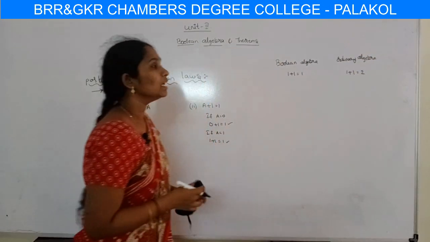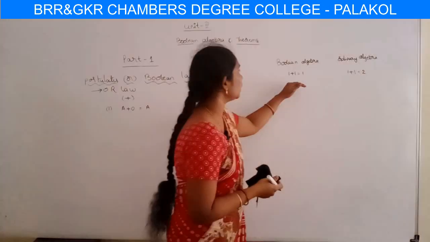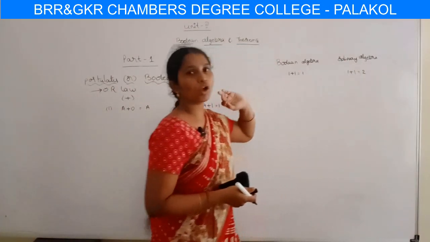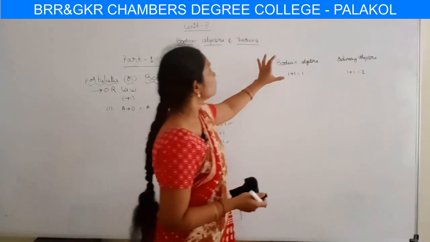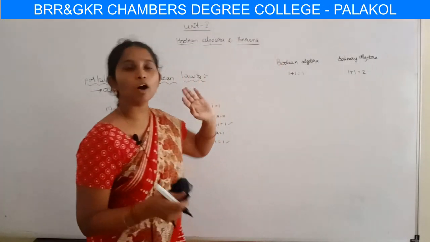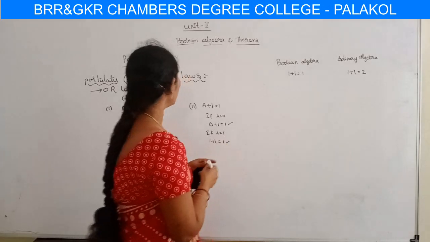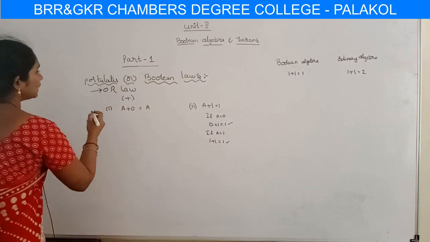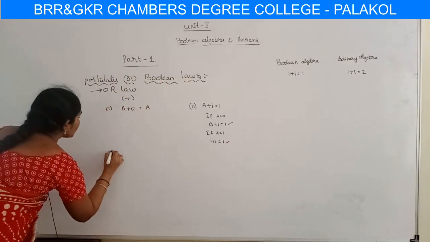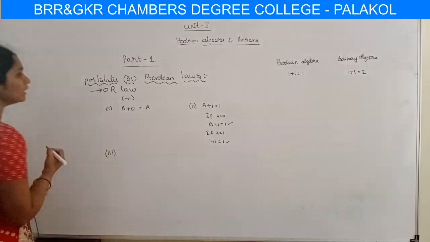This is the major difference between Boolean algebra and ordinary algebra. In Boolean algebra you have to perform the operations between zeros and ones only. Next, move to another law.